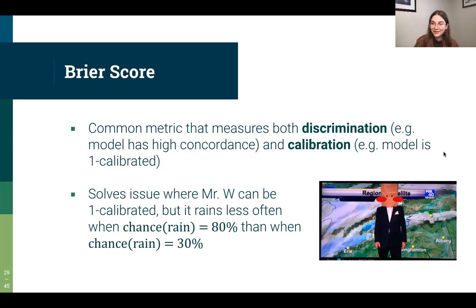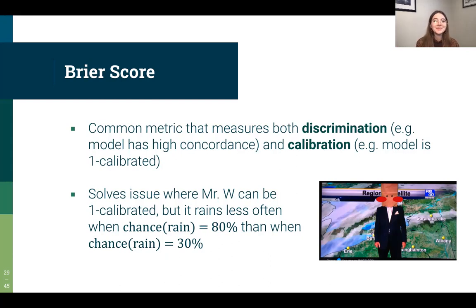There's also Brier score. This is a slightly newer metric that is common because it measures both discrimination, so the model would have a high concordance, hopefully, and calibration, such that the model would be one calibrated. And this solves the issue where potentially this weatherman can be one calibrated, and that's a great thing.